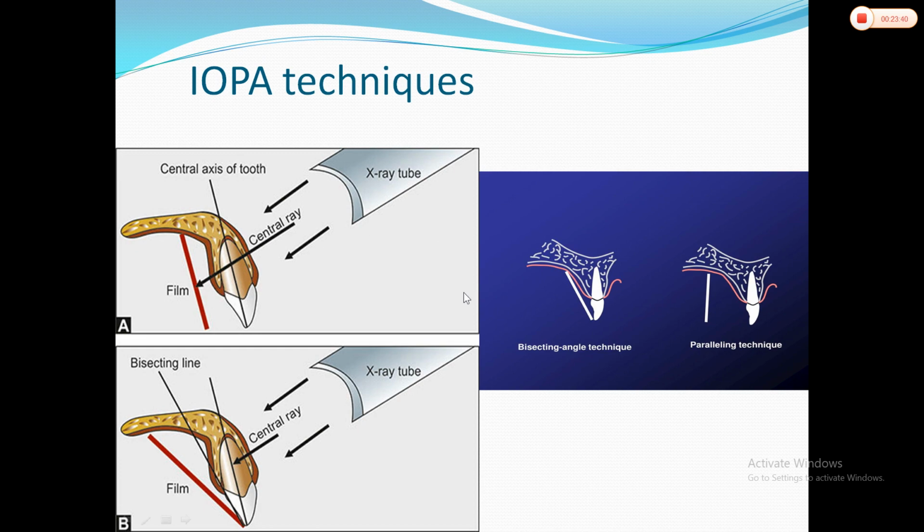Whereas in bisecting angle technique, the film and long axis of teeth form a triangle. See, both are forming a triangle and X-rays are projected perpendicular to the imaginary line which is bisecting the triangle. So this is the basic difference between these two techniques.